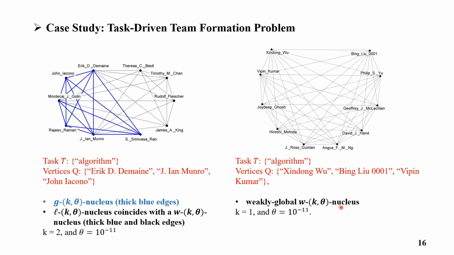So in this example, we want to show that weakly global can find very good teams when local or global definitions provide teams that are very big or too small or even empty.